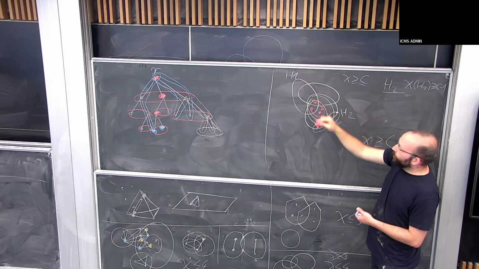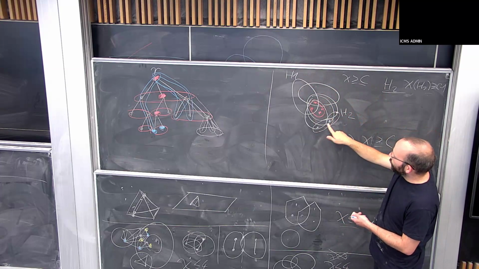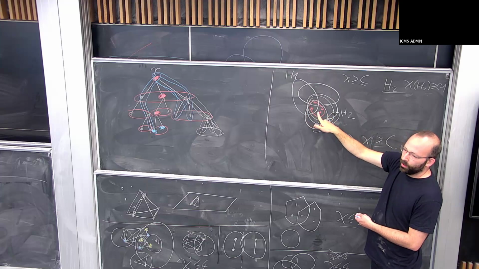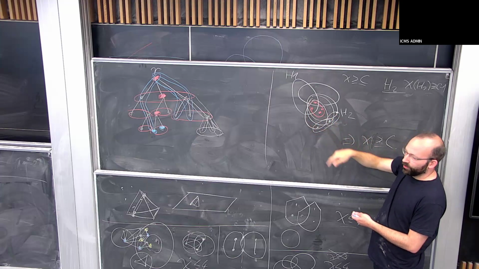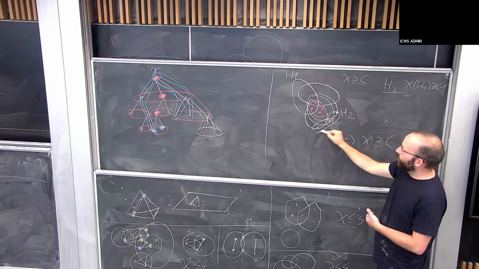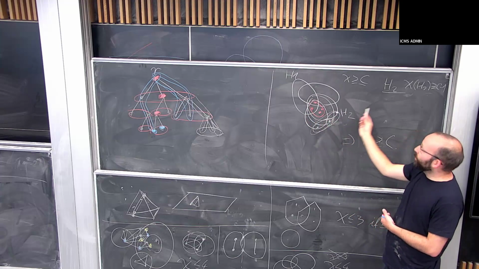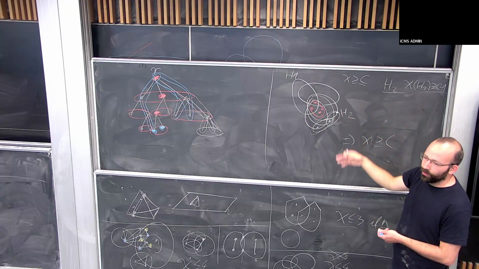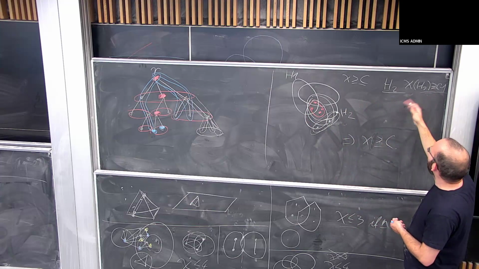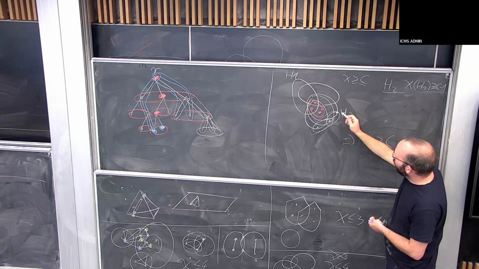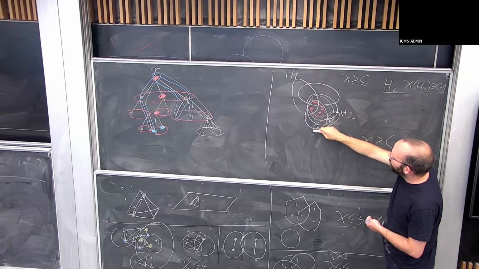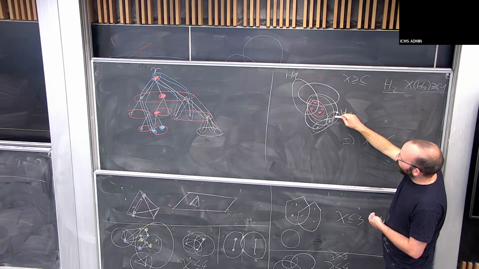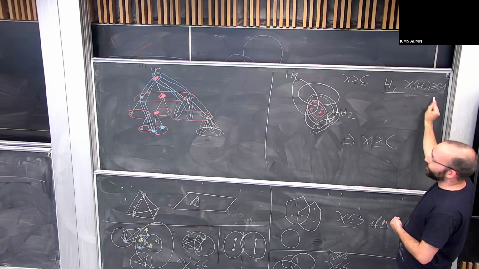But then none of these new vertices can have the same color as these ones. So I cannot use one of the colors on the new vertices. I only have C-1 colors here, but okay, my indices might be off by 1 anyway. The point is that if I color this with one fewer color, then I will get a monochromatic edge here, because of the chromatic number assumption on H2.